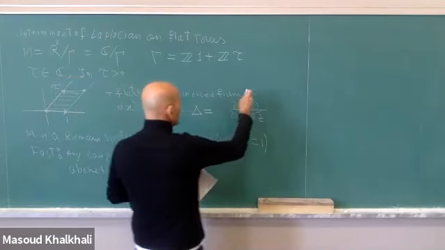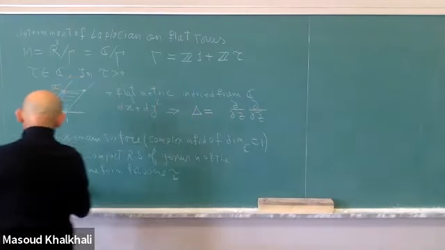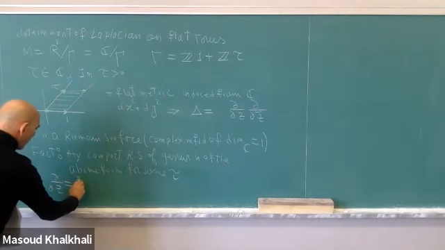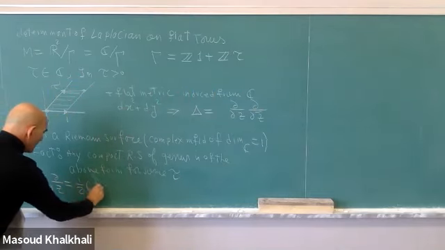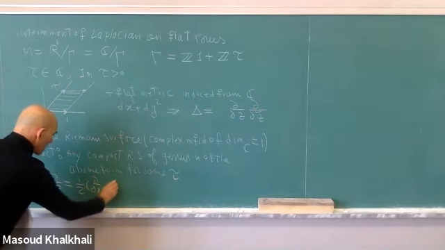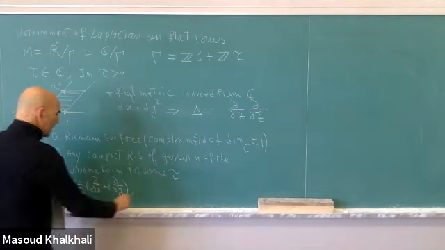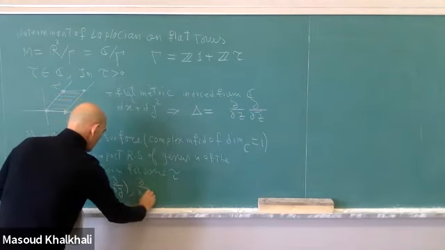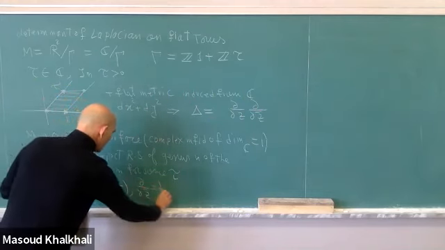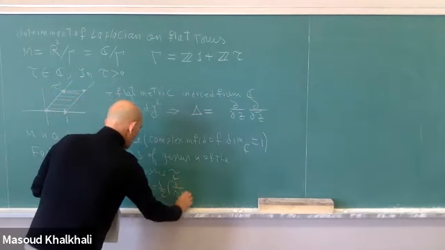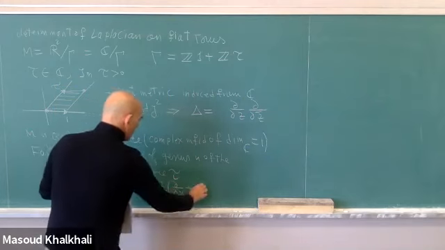This d/dz is of course 1/2 (d/dx minus i d/dy), and d/dz bar is 1/2 (d/dx plus i d/dy).